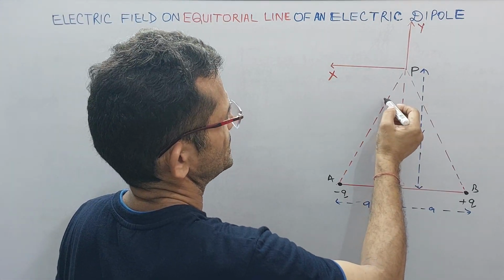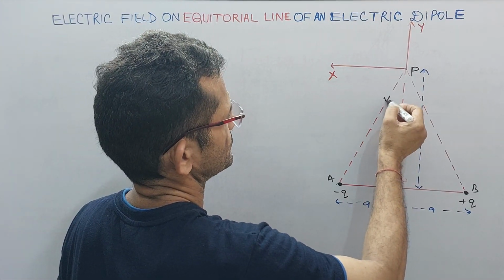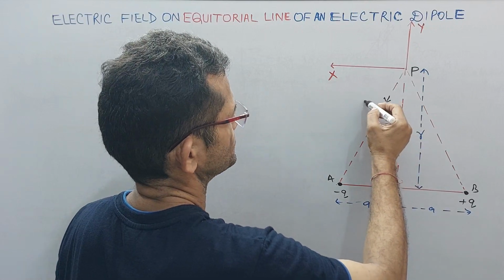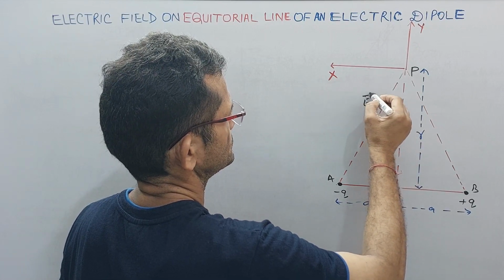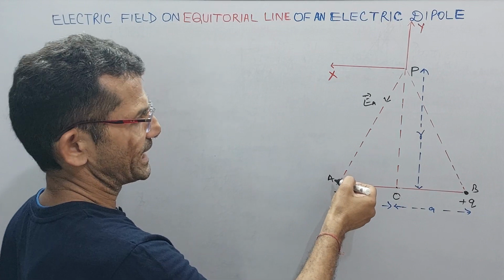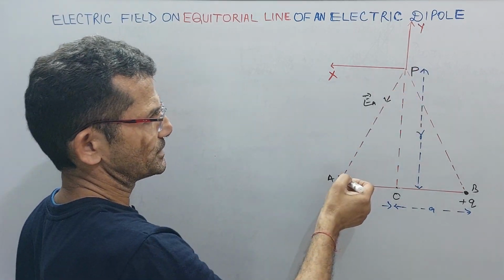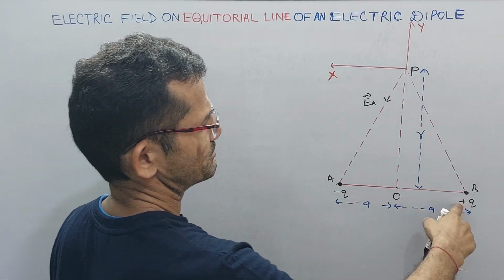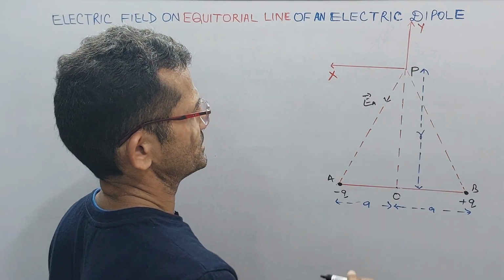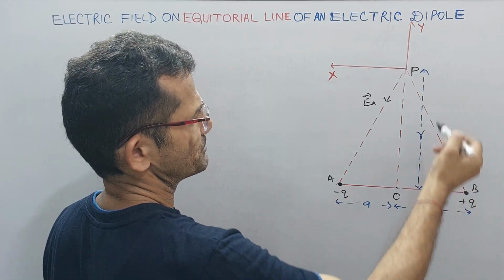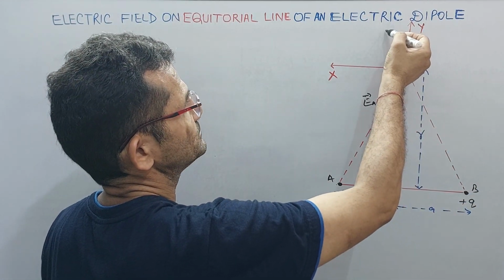Suppose its value is vector EA. Because this is a negative charge, its direction will be toward this one, and this is plus q, so the direction will be away from this one. Now the electric field produced by plus q will be along this one.